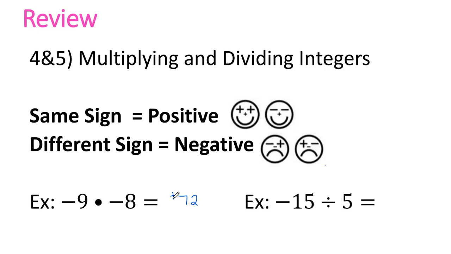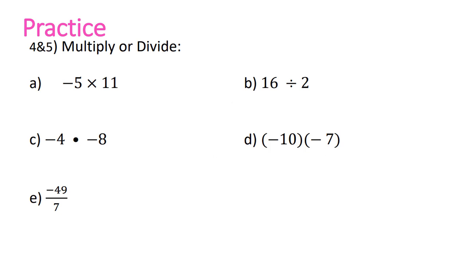For our second example, we have negative 15 divided by 5. This time we have a negative divided by a positive, so because the signs are different, the answer will be negative. And 15 divided by 5 is 3, so will result in negative 3. So now you can practice multiplying or dividing using those rules for integers.